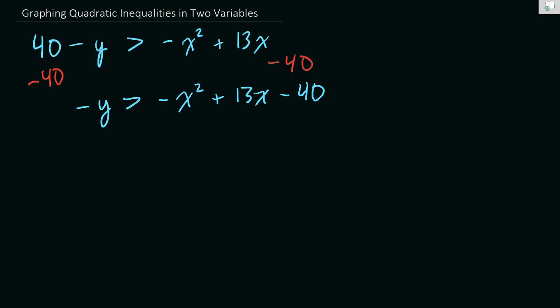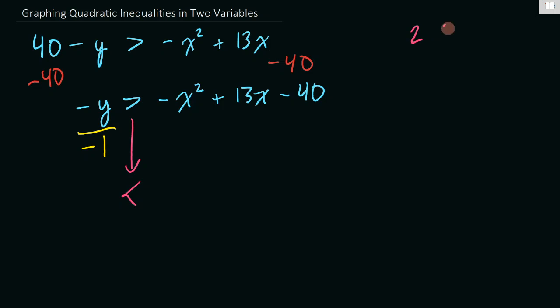And the way you get rid of the negative sign is by dividing. Now, I'm dividing by negative 1, which, like, you should have klaxons and alarms going off in your head anytime you're multiplying or dividing by a negative sign with an inequality, right? And why is that? Well, what are we going to have to do with our inequality? We're going to have to flip it to be the other way around, right?